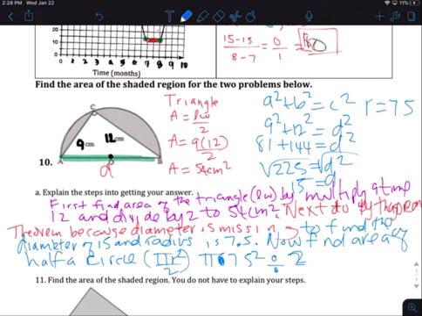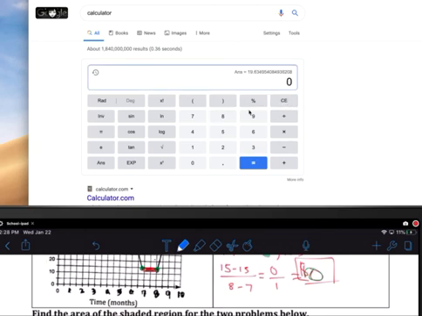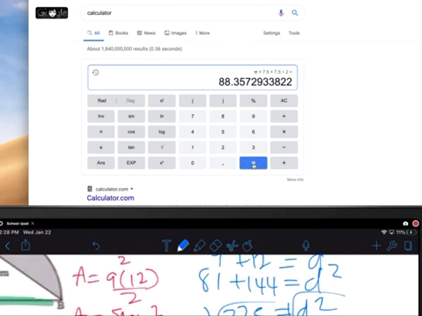And you get your answer of, so let's say, clear it, pi times 7.5, oops, how do I delete this? Backspace, no. Oh, okay, 7.5 times 7.5, and then you get that answer divided by 2, 88.4.